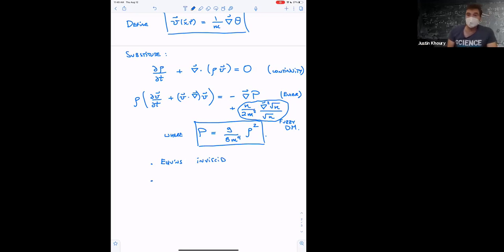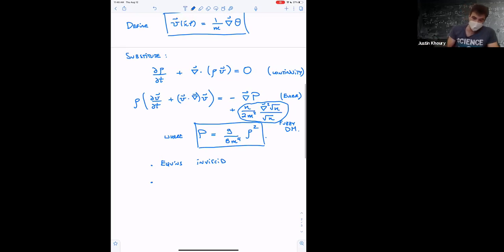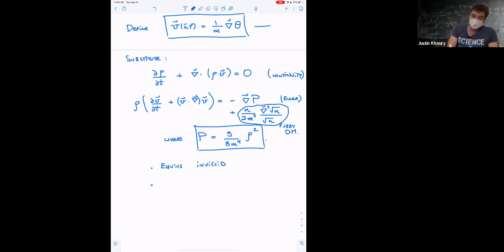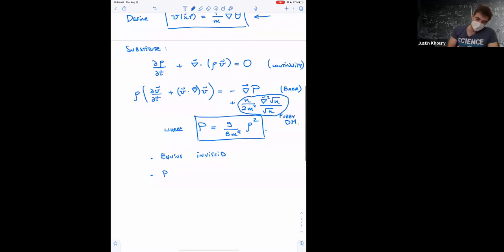And number two, in this hydrodynamical interpretation, the velocity, as defined here, is potential flow. It's the gradient of a potential. And in particular, it instructs us that the flow is irrotational.